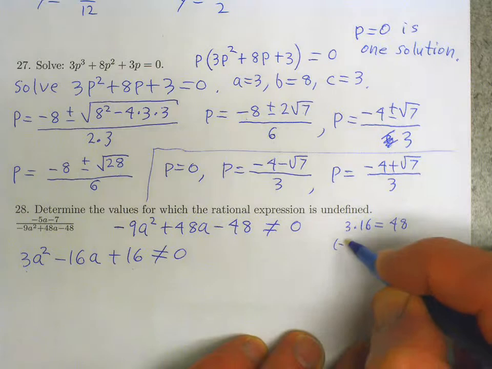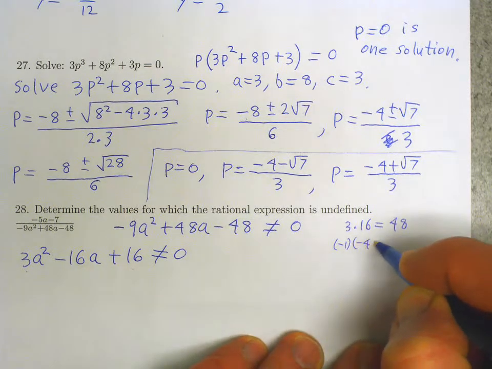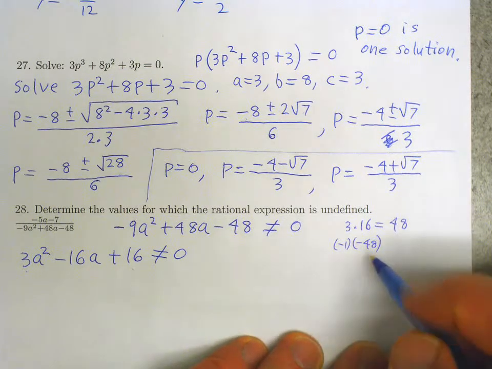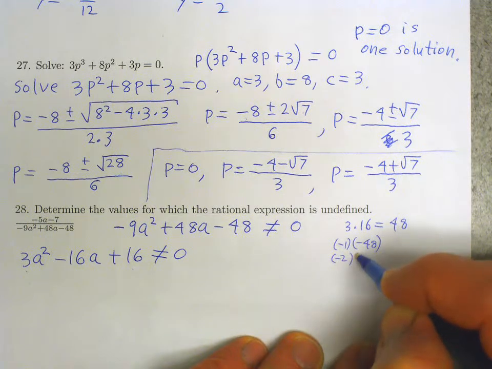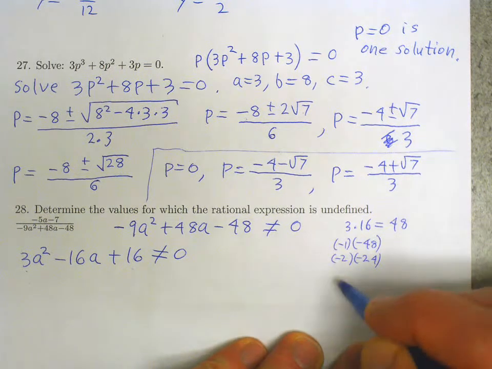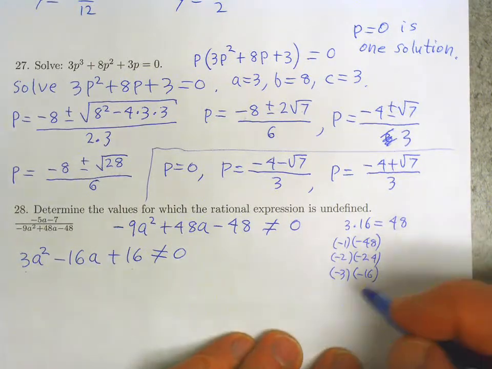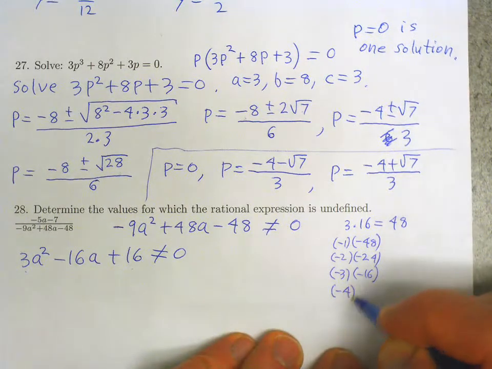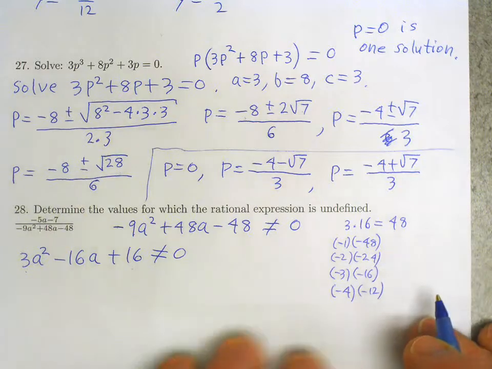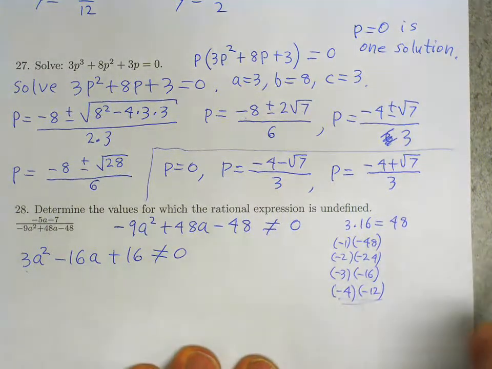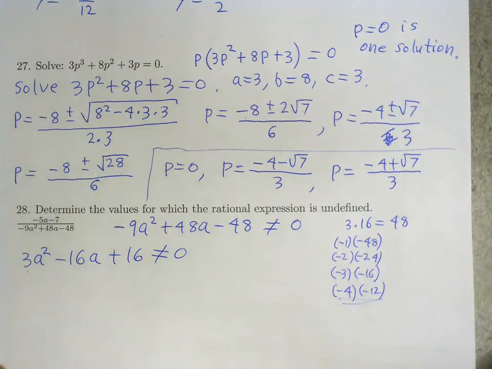At the extremes, we have negative 1 times negative 48. Those add up to negative 49. Then negative 2 times negative 24. Negative 3 times negative 16. Those add up to negative 19, so we're getting closer. And then negative 4 times negative 12. Those numbers do add up to negative 16.